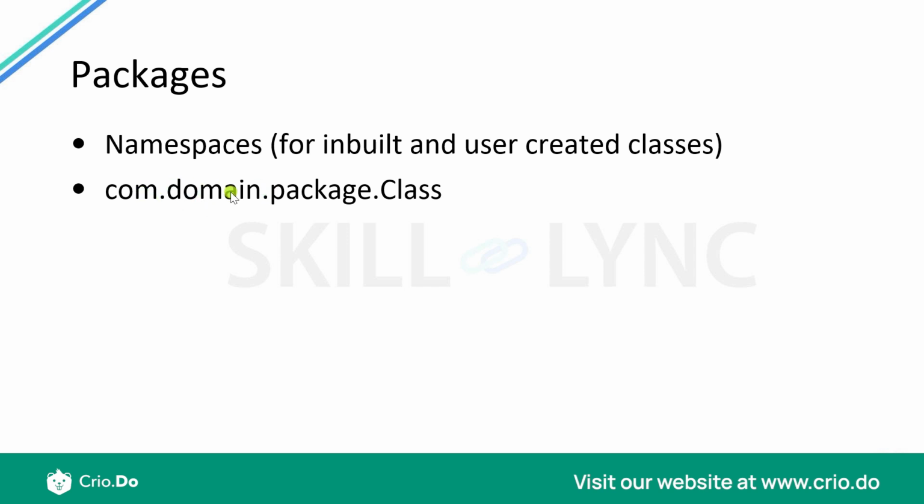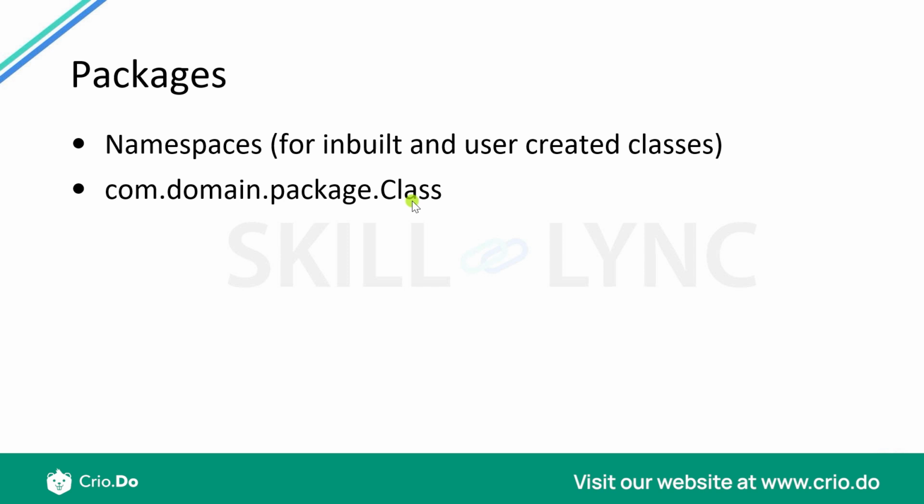Then you have the domain name, then you put the package name, and then finally you have this particular class name. So right now the thing which I created was com.swagofindia.store, and the class name was Store again. So this is how I would create packages for different things. So you may have a test package, you may have a controller package, you may have different logical entities within an organization.